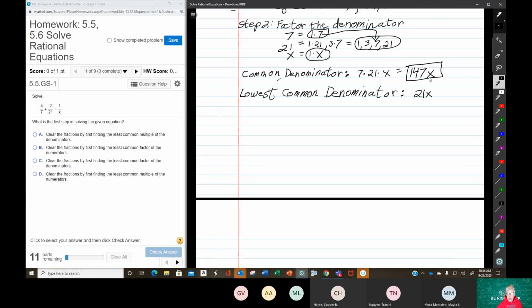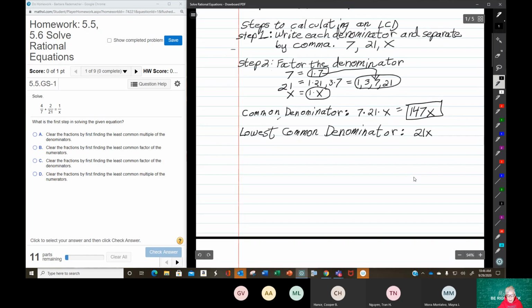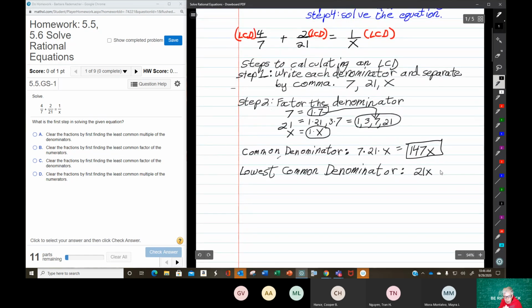Now I am going to go up here and do this. So I've got my 4/7 again, plus 2 over 21 equals 1 over x.